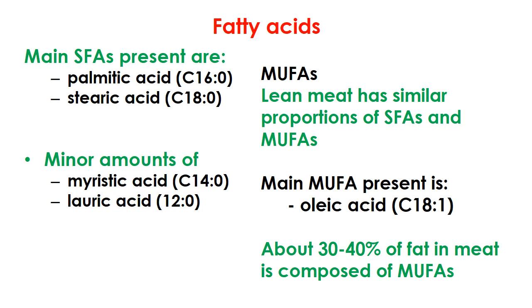On the right side are the unsaturated fatty acids, I said monounsaturated fatty acids. Lean meat has a similar proportion of saturated and monounsaturated fatty acids. Their proportion is almost similar. And in the monounsaturated fatty acids, that is the carbon number 18 with one double bond, I have told earlier, that is oleic acid, and that's the major fatty acid in meat.